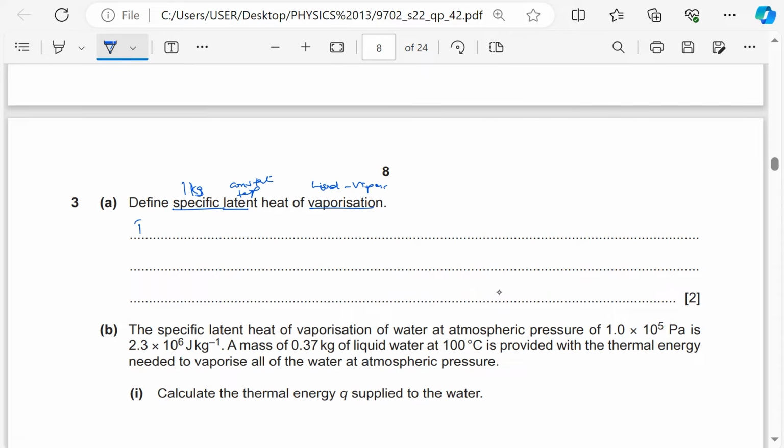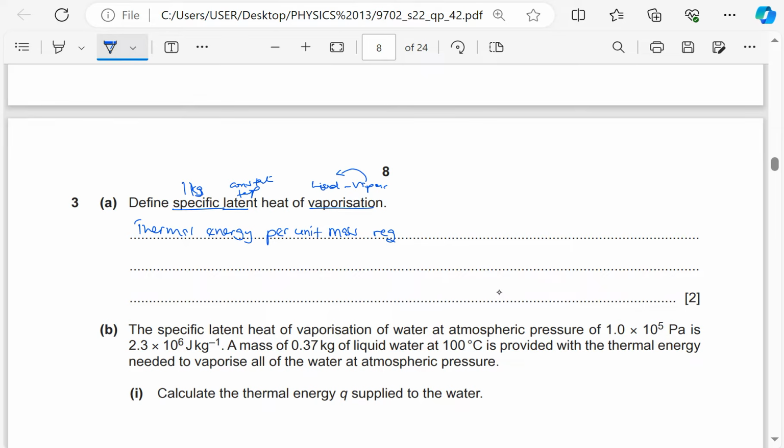So I will say the thermal energy per unit mass, that is 1 kilogram required. Or by the way, it can also be vapor back to liquid. So I'll just say change of state from liquid to vapor, or change of state between liquid and vapor, or liquid to gas at a constant temperature.